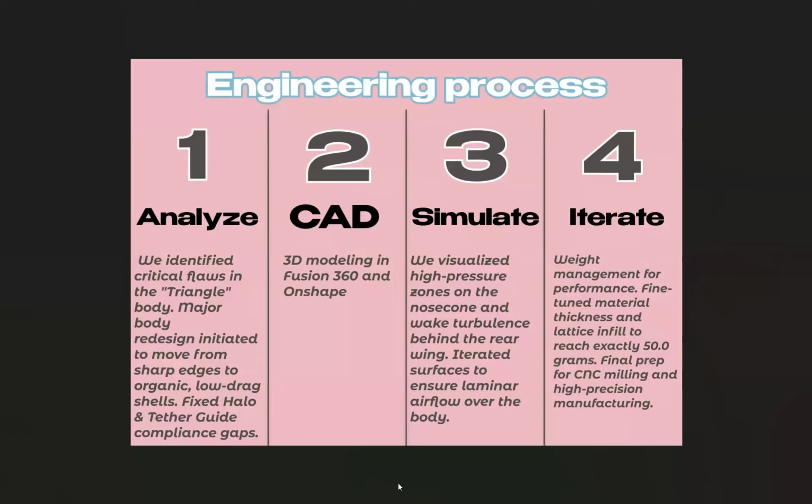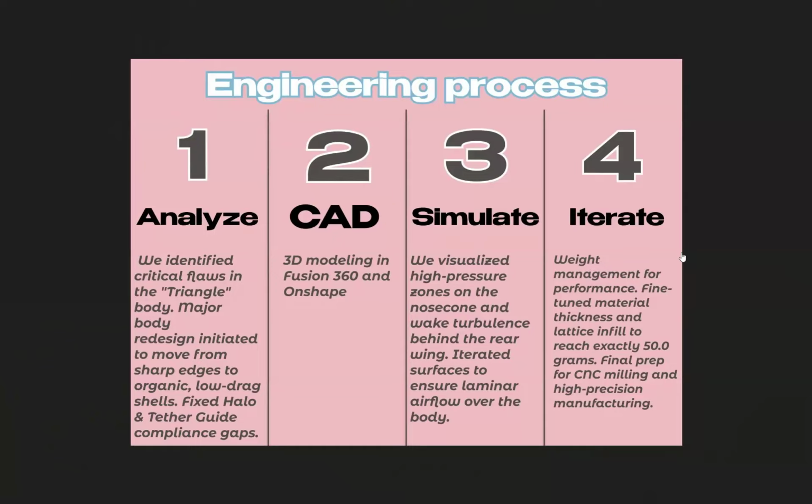Engineering process. First one, analyze. We identified critical flaws in the triangle body. The major body was redesigned to move on from sharp edges to organic low drag shells, and we fixed the tether guide compliance gaps. Second one is CAD, 3D modeling in Fusion 360 and Onshape. Third, simulate.